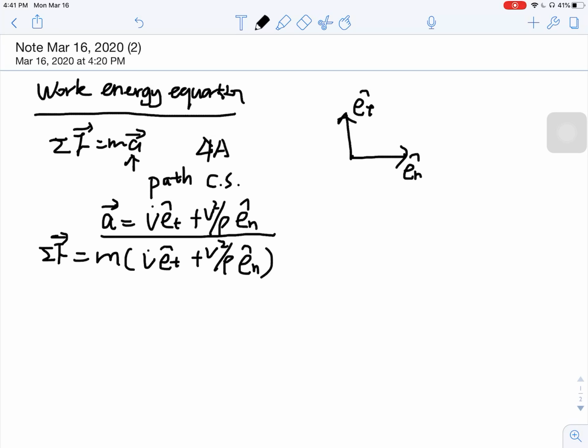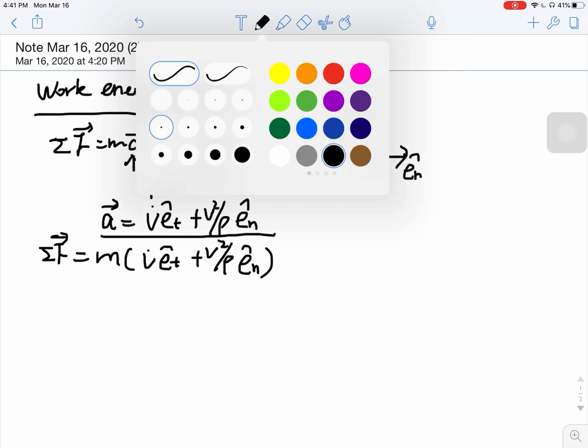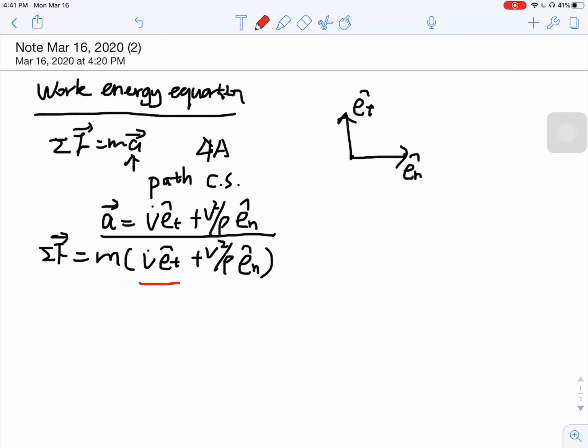So this term here has a name. It's called the rate of change of speed. Remember that? This was in one of your quizzes.